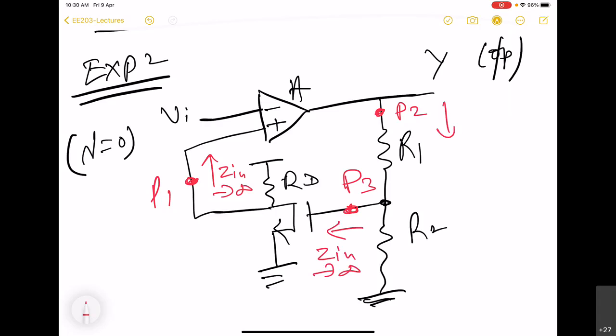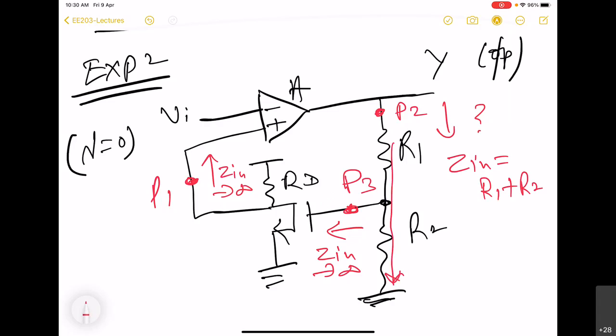But here we have to be cautious. In fact, here we see that the input impedance is equal to R1 plus R2, because there will be no current into the gate of the MOS. So the entire current will flow through these two resistors to ground.